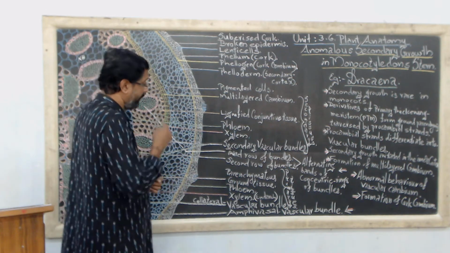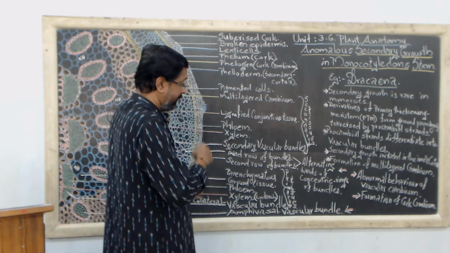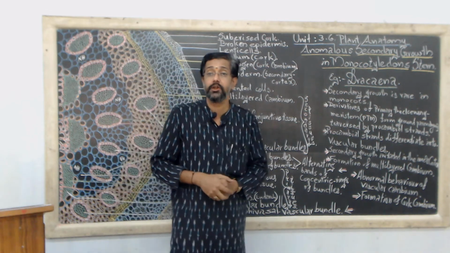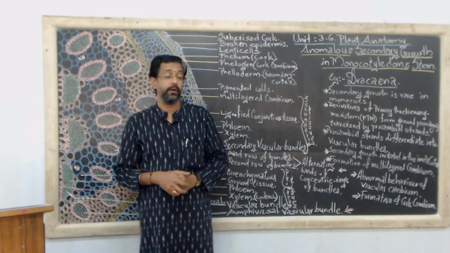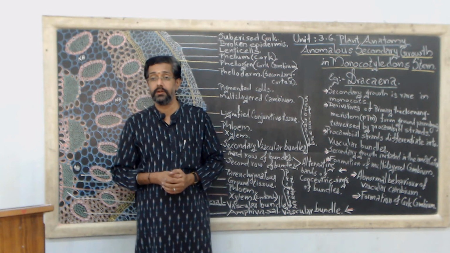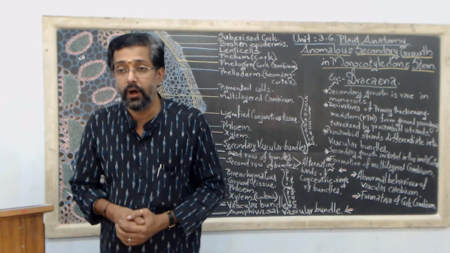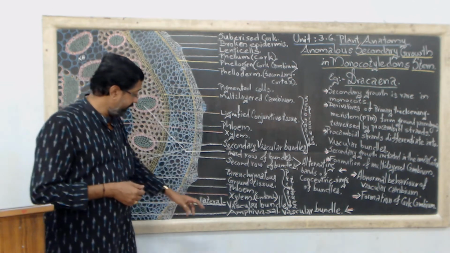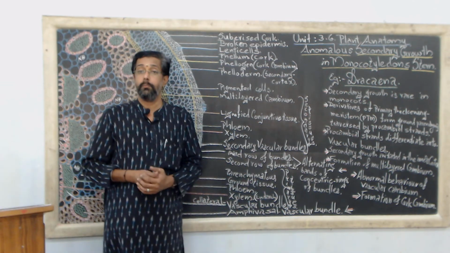Okay, and here in Dracaena, another peculiar nature of the secondary or tertiary ring of alternating bands of vascular bundles is that they are amphivasal vascular bundles.